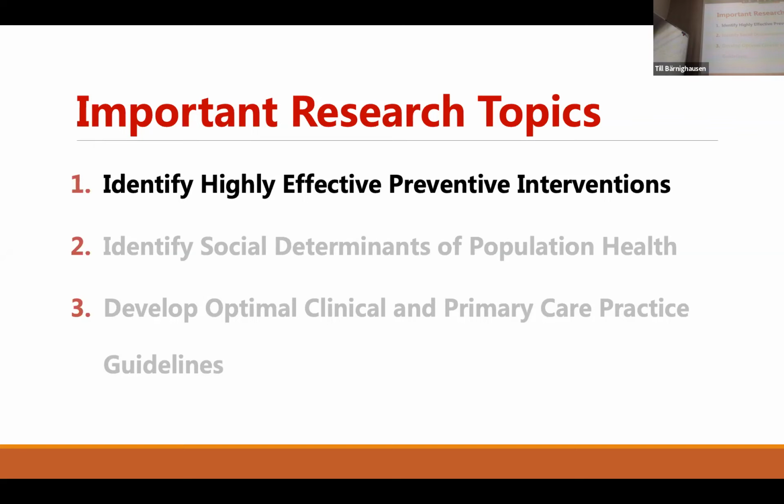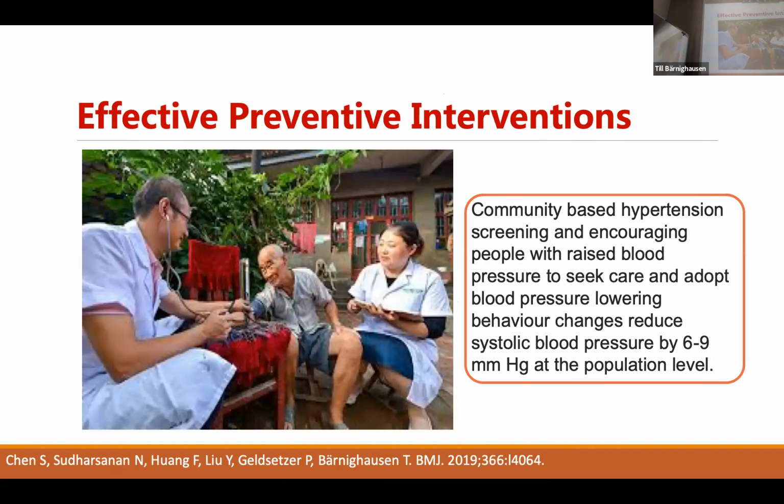The first one is to identify highly effective preventive interventions. To give you an example, this is an example in China. This study finds that community-based hypertension screening, and encouraging people with raised blood pressure to seek care and adopt blood pressure lowering behavior changes, reduced systolic blood pressure by 6 to 9 mmHg at the population level.